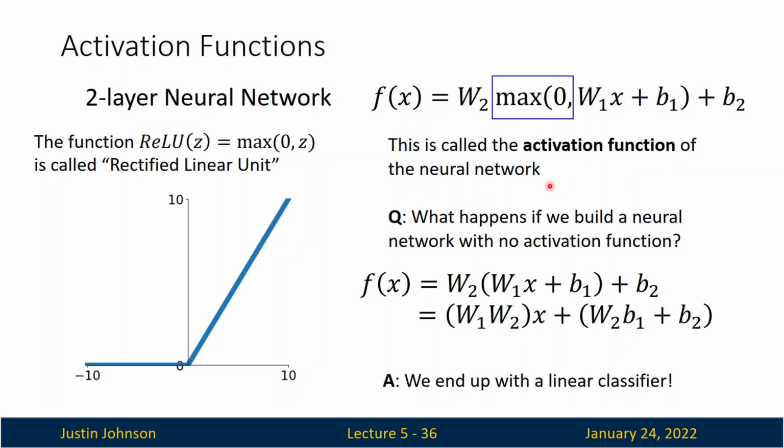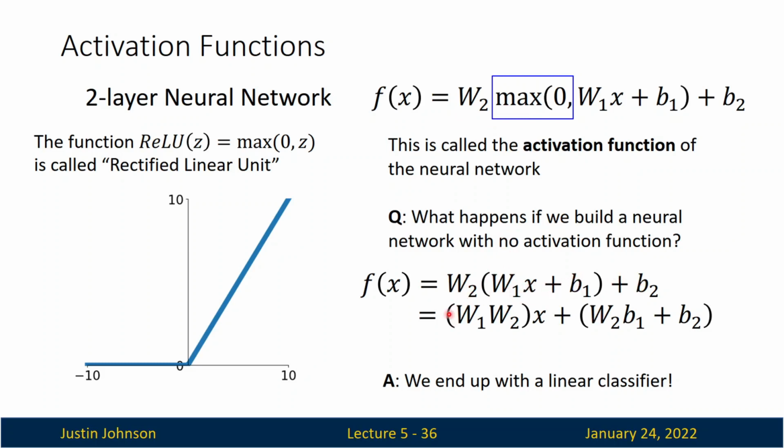There are several different activation functions. And imagine if we don't have the nonlinear function, then what will our two-layer neural network become? So in this example, let's take the max function off. Then it will become W2 times W1 times X plus B1 plus B2.